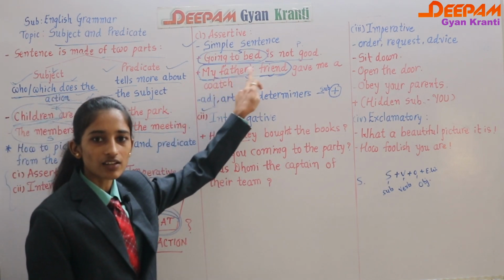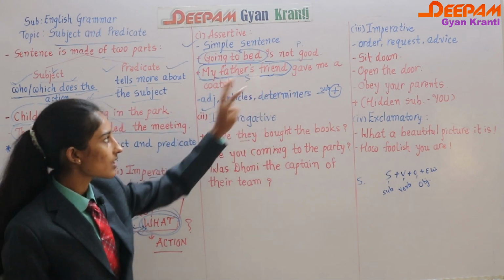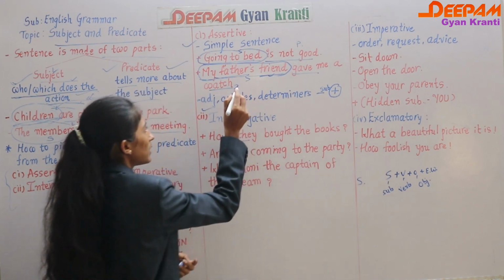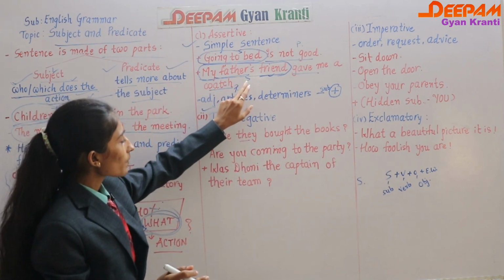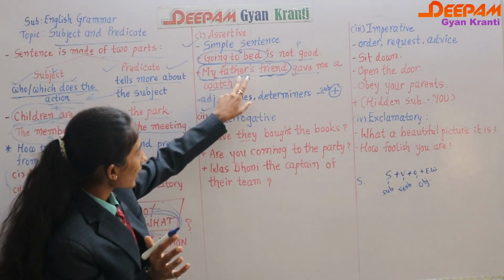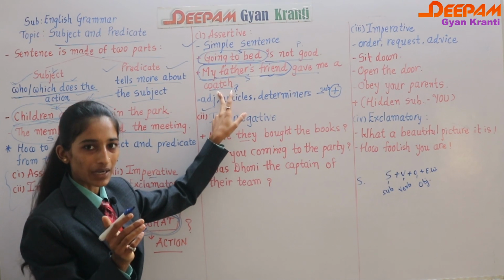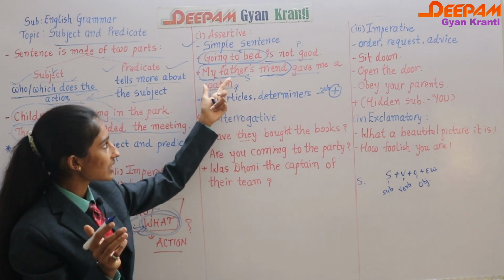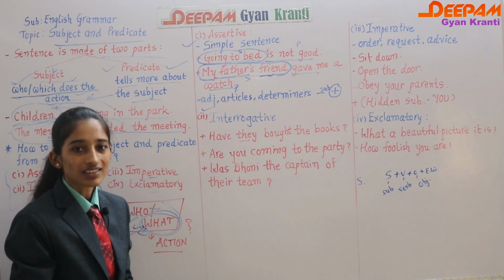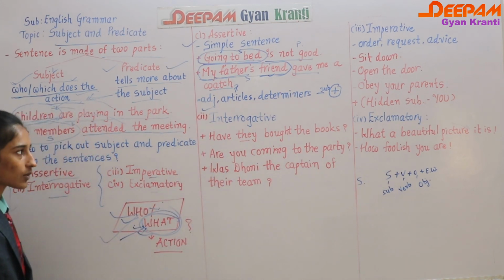My father's friend. So my father's friend is your subject, and gave me a watch is your predicate, which adds something into my father's friend detail. Be careful whenever any adjective, article or determiner is there, you have to include it in the subject. So that is the assertive sentence.